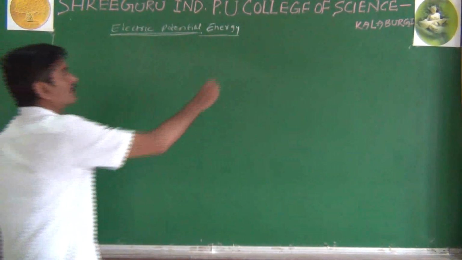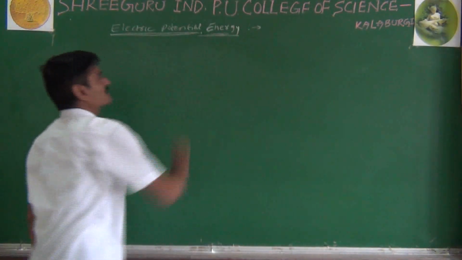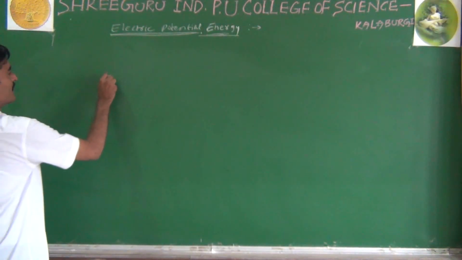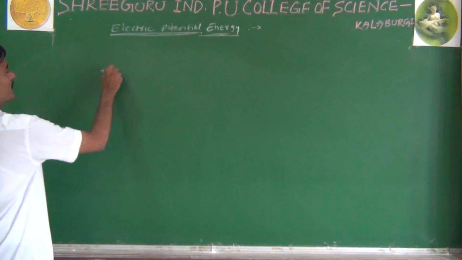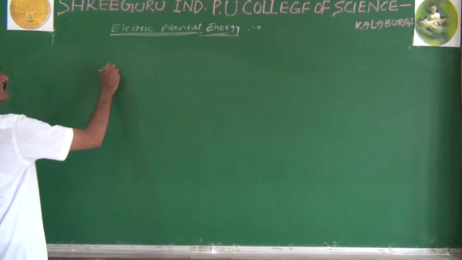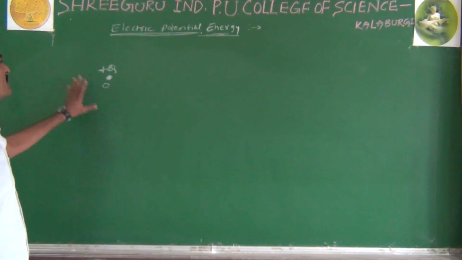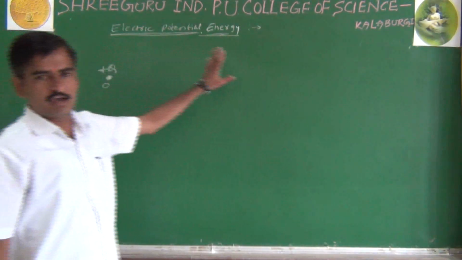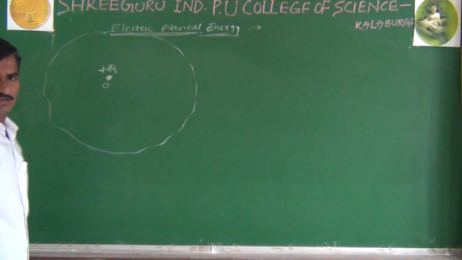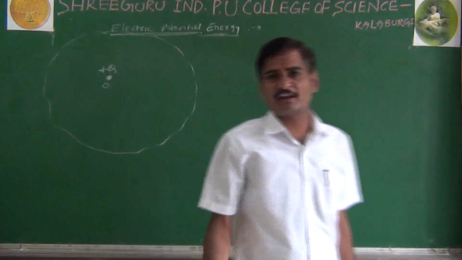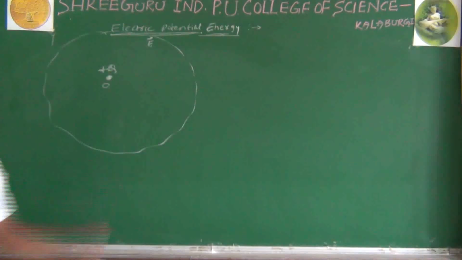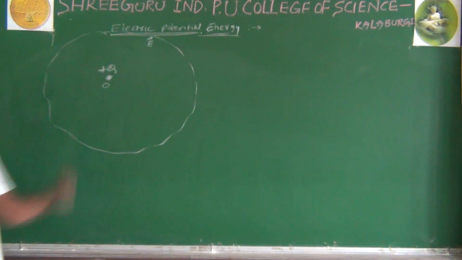Let us consider a source charge plus Q at a point O. Due to this charge, there will be an electric field around it, which you studied in the first chapter, the electric field intensity. So there is an electric field vector E in this region due to the source charge plus Q.